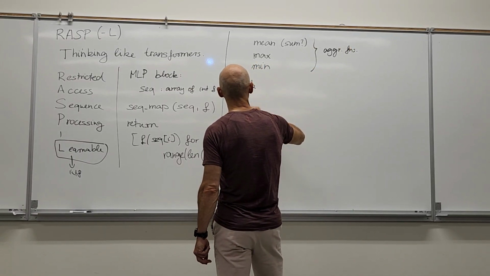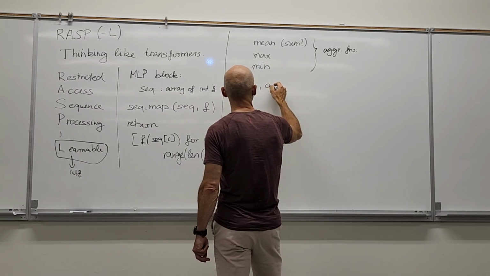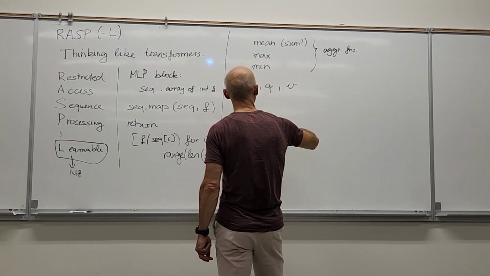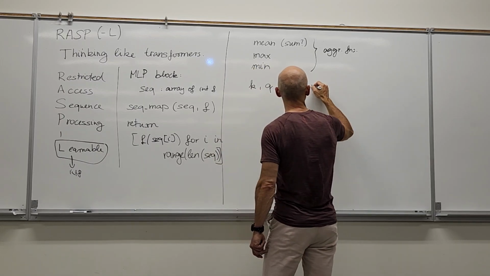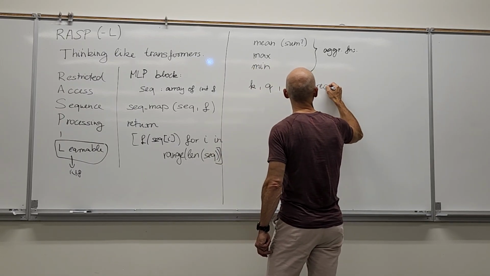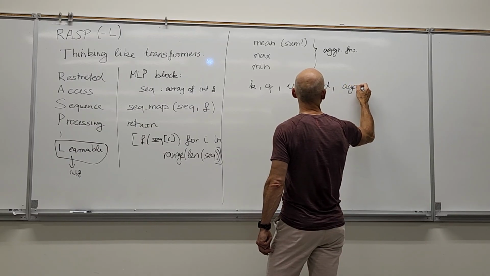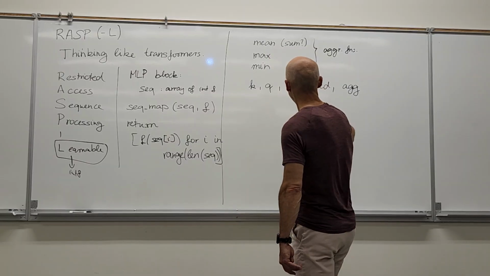So a key sequence comes in, a query sequence comes in, the value sequence comes in, there's a predicate that comes in, and then there is a type of aggregation operation that comes in, which is one of mean, max or min.